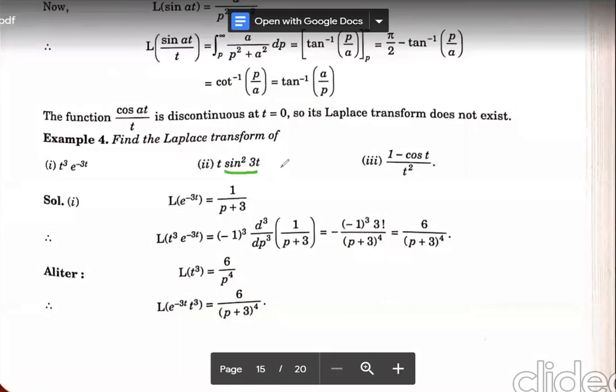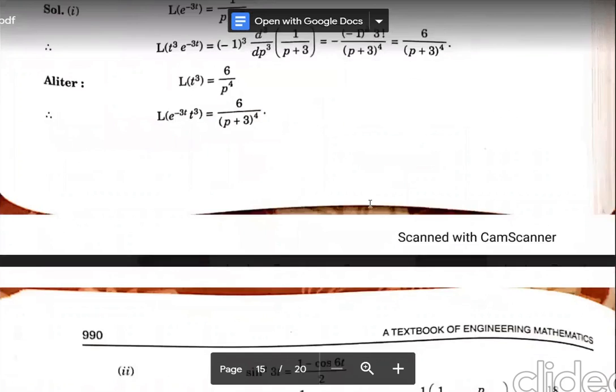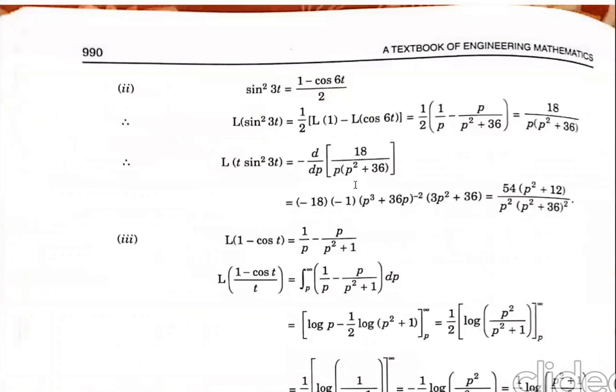Convert it using the trigonometric formula as we discussed in the last class, and then find the Laplace transform of this, and then use the property of Laplace transform of t to the power n into f of t. And the other part is also of the same kind.